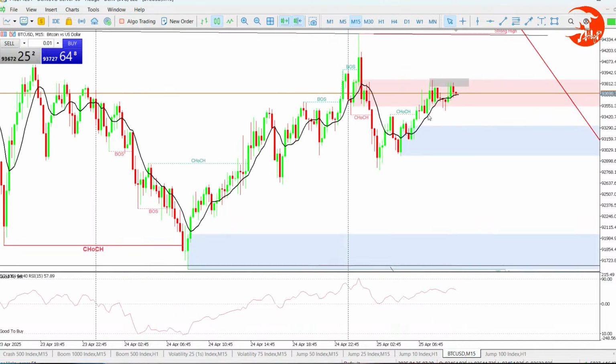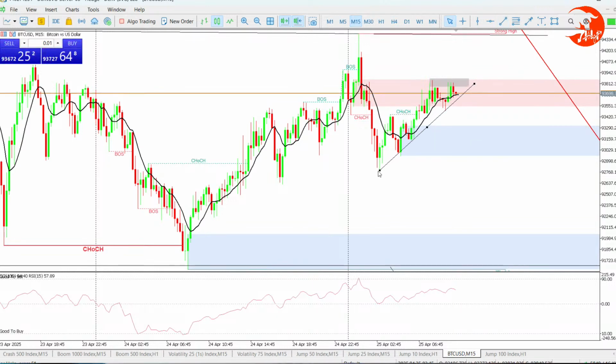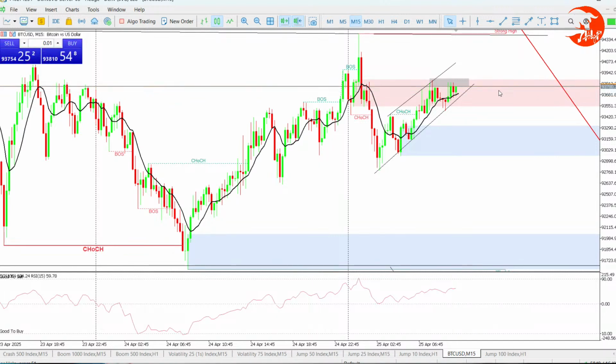So if I go back to M15, I see something like that right there. That is significant, and that can eventually become my channel right there. So price has been moving in the channel for the whole of today. It's been moving within the channel.